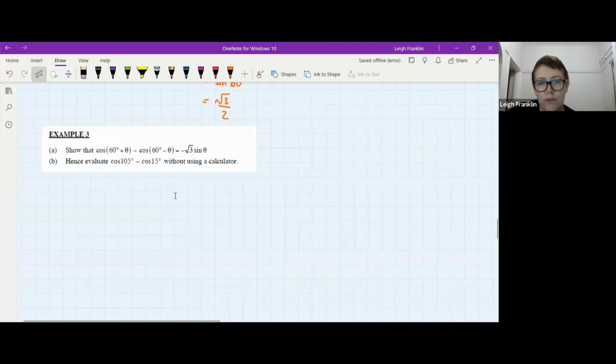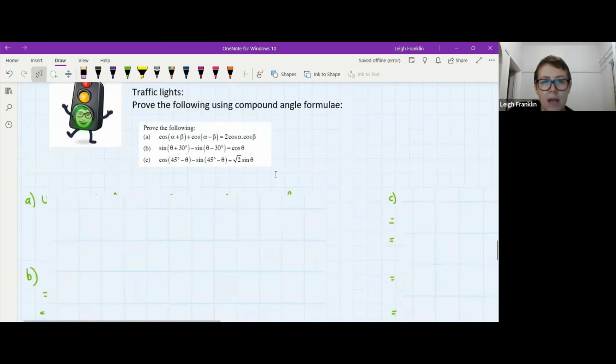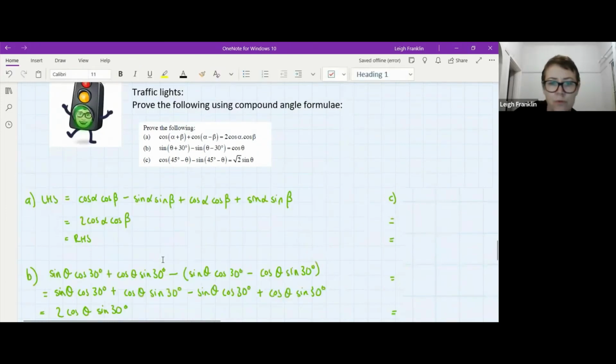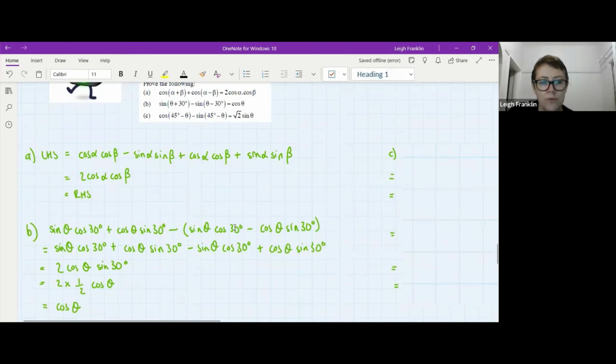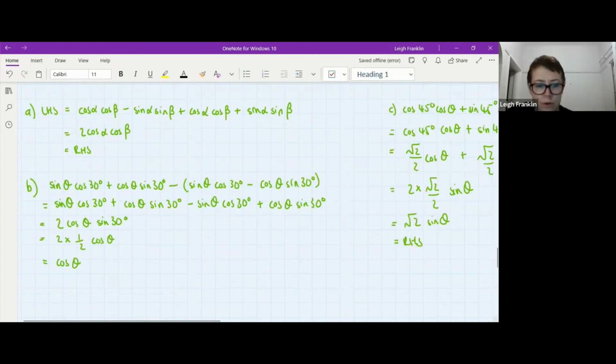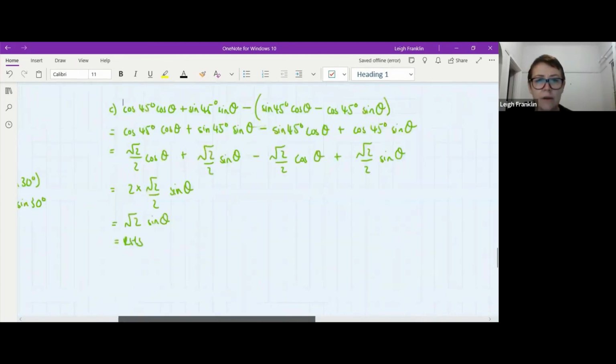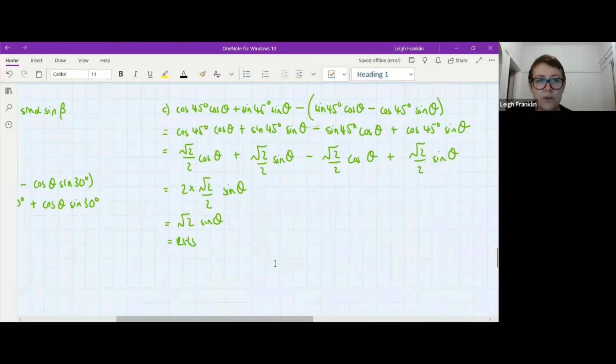Okay, so just very quickly, if you do want to watch this video again later, there is another question that I was going to do with you. Something like that is also important. Then I had done these, so I'm just going to move that out the way, how you would prove that the left-hand side equals the right-hand side. So if you want to come back later on and watch these, you can. There's that solution over there.